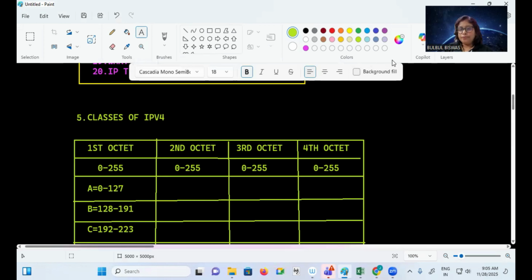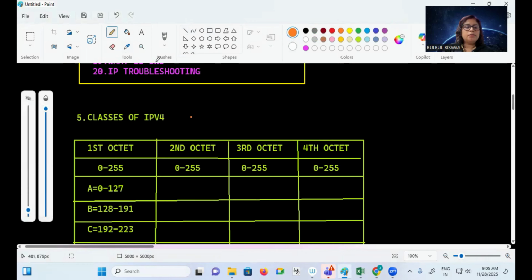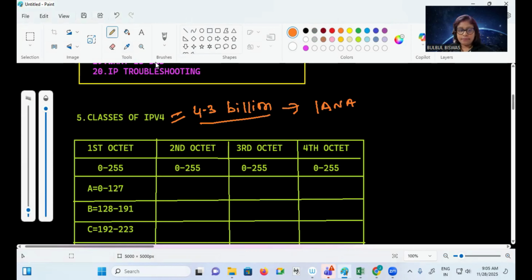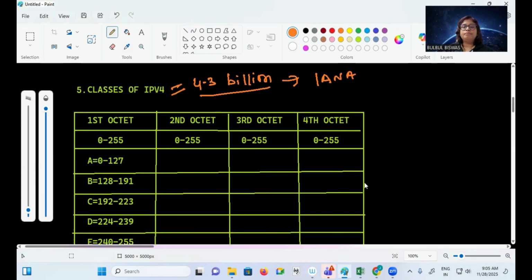You all know IANA is managing the IP address. Total IPv4 is, as I told you already, 4.3 billion addresses. And this 4.3 billion IP address will be managed by whom? IANA. So what has IANA done for better management?